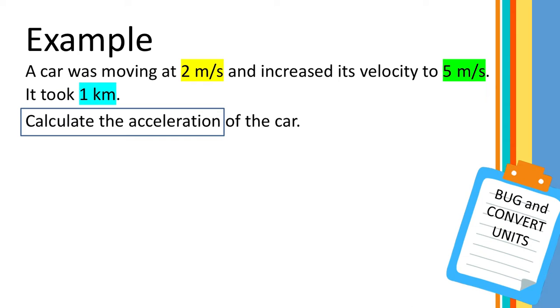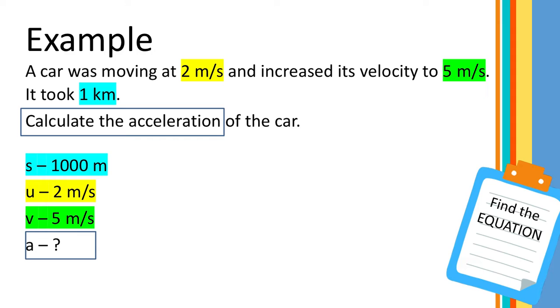Following the strategy then, we're going to BUG. We're going to box the key things: calculate the acceleration, that's what we have to do. We're going to underline, and in this case I've just highlighted the key things. The final part is to convert the units. Meters per second, that's the standard unit. Meters per second, that's standard. 1 kilometer, we need to convert. I've written SUVA, or SUVAT, but we know that T doesn't exist in this equation.